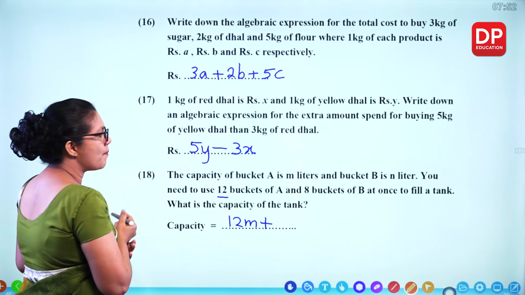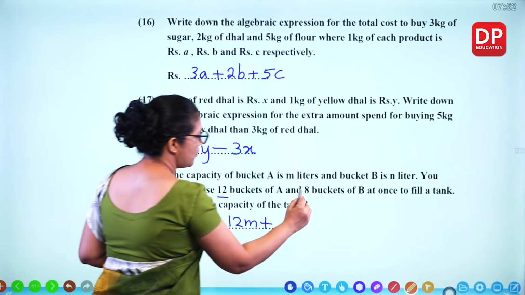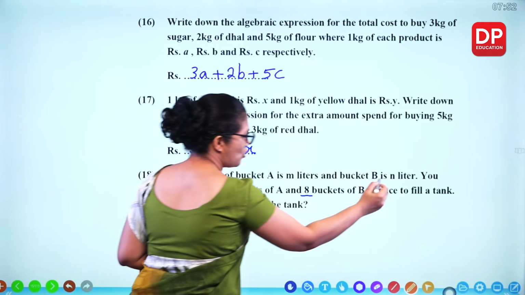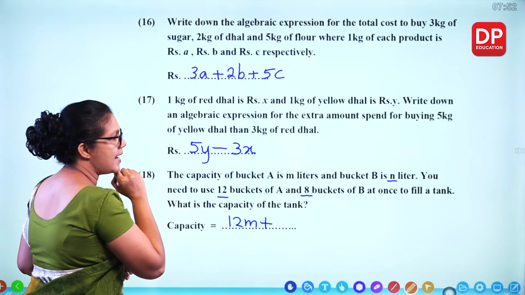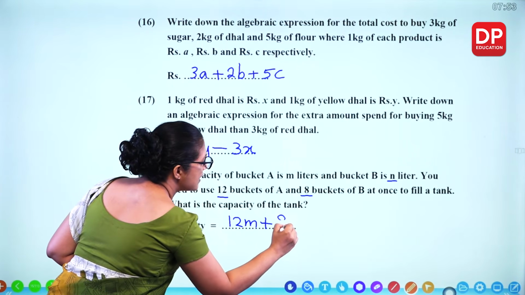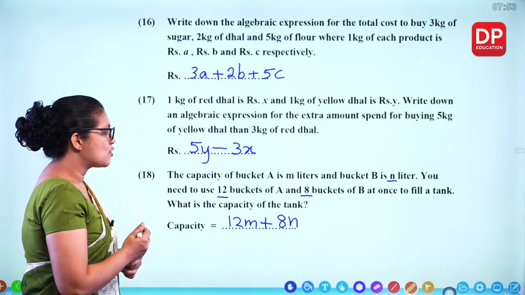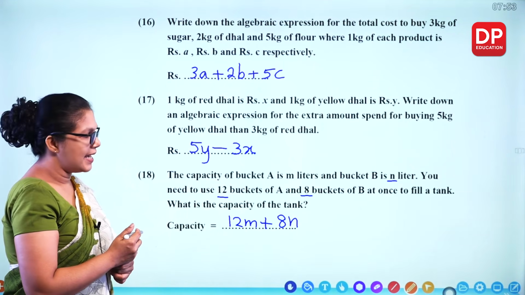Then what about B buckets? We need 8 buckets of B. Each bucket contains N liters, so 8N. So the capacity of the tank is 12M plus 8N.